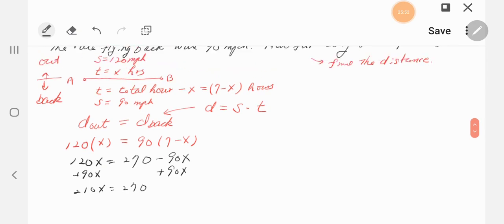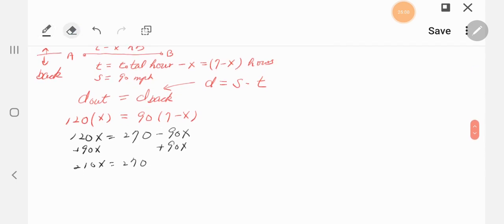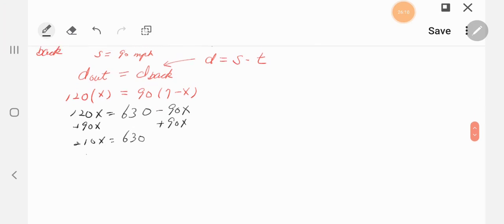Oh, wait a minute. Did I write the question correctly? Sorry, this is not right. It is 630. Divide each side by 210. 630 divided by 210, then x equals 3 hours. So when you go out, it took 3 hours.